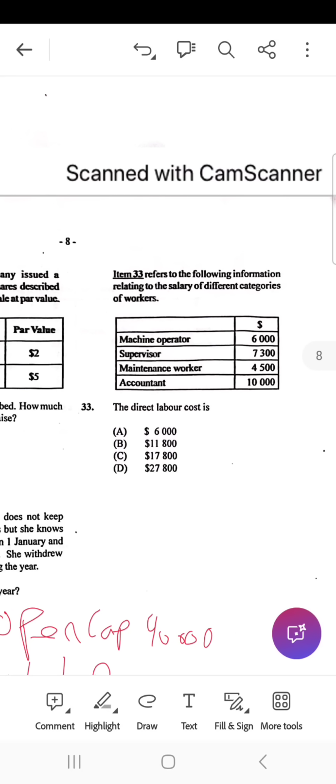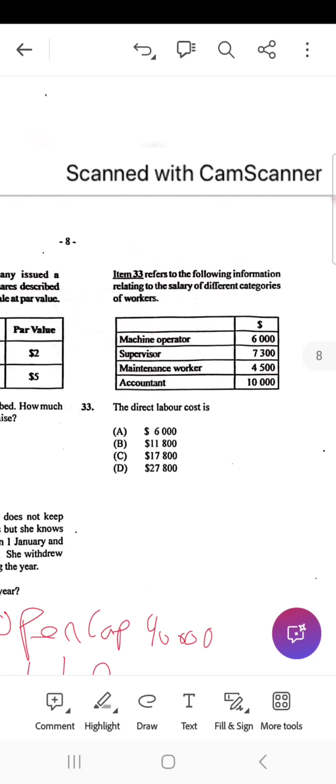Number 33, they want to know what the direct labor cost is. So operating a machine to create the good or service would definitely be a direct cost. The supervisor and the maintenance workers would be indirect costs because they would not be variable costs.